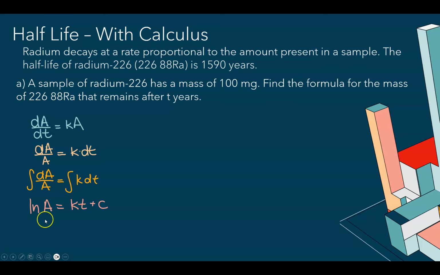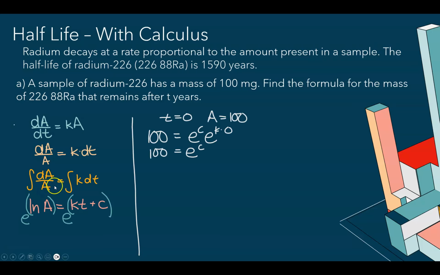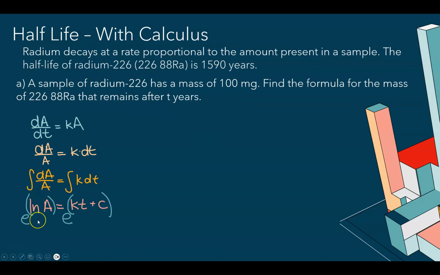And just like before, we want a formula for the amount present. So e to the power, and we get the amount, oh, dang, that's still going out of order. I thought I fixed that animation. Okay, so we should have the amount is equal to e to the C, e to the kt. There we go.